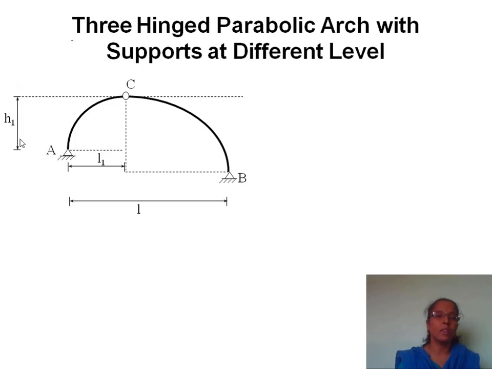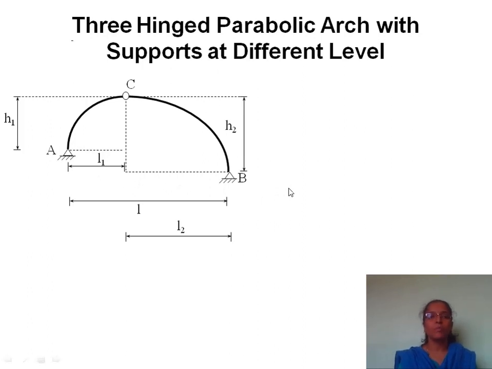Let H1 be the rise of the arch from the left hinge and L1 be the distance of the crown from the left hinge, that is hinge A. Similarly, let H2 and L2 be the rise of the arch measured from the right support, that is end B, and L2 the distance of the crown measured from the right hinge, that is support B.